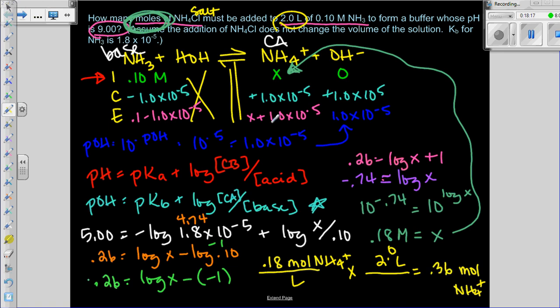Now, if I actually wanted to prepare this buffer, I'm going to erase some of all of this very nice math.